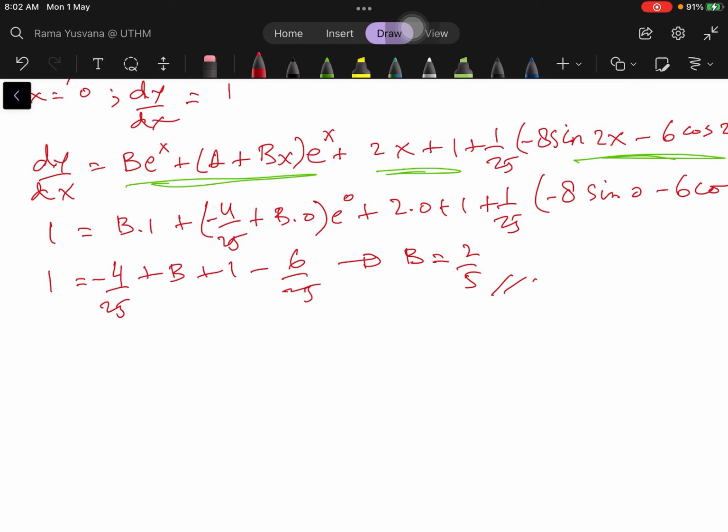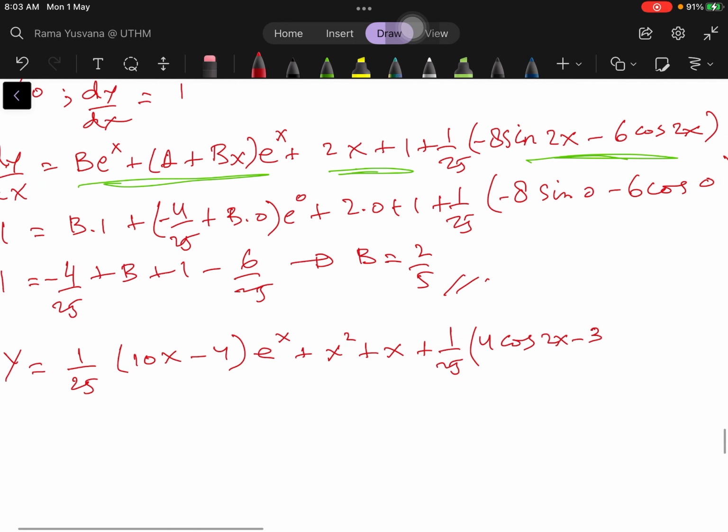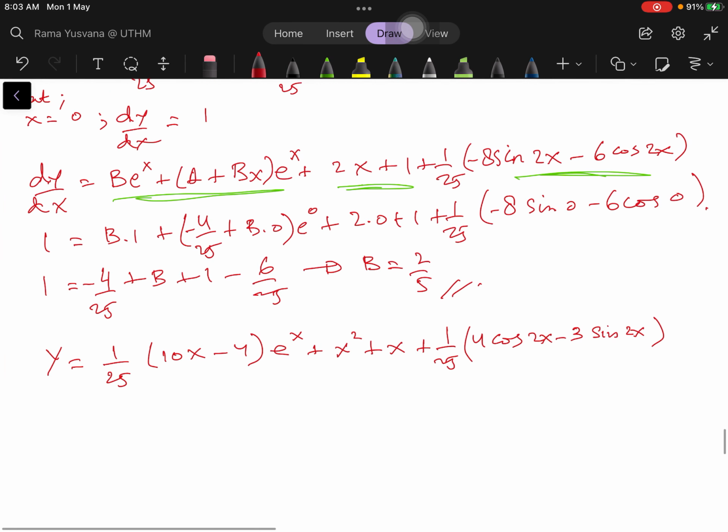Therefore our final particular integral is y equals 1 over 25 times (10x minus 4) e to the power of x, plus x squared plus x, plus 1 over 25 times (4 cos 2x minus 3 sin 2x).